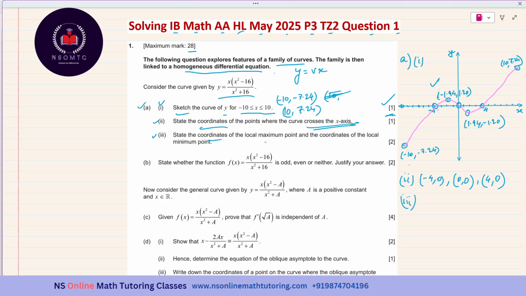State, again, the coordinates of the local maximum point and the coordinates of the local minimum point. So the local maximum, obviously you see the graph is going up, is -1.94 and 1.20, correct to 3 significant figures.